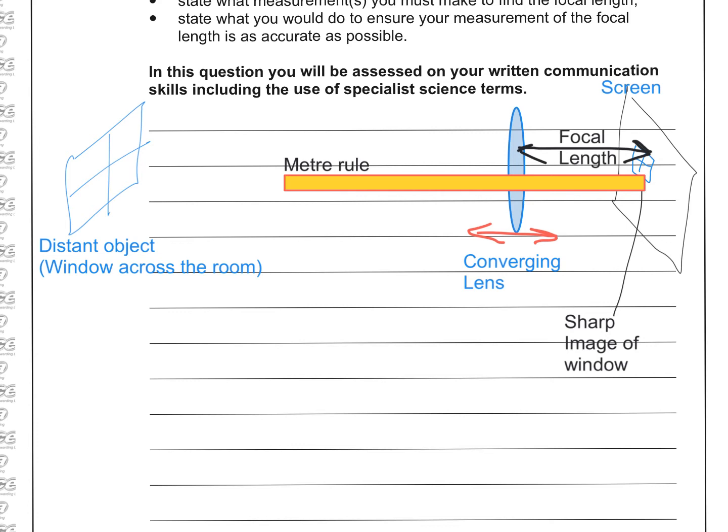And how you would improve the accuracy of that, because that distance is your focal length, is to keep repeating the experiment of trying to get as sharp an image as you can, and that will vary the position of this lens very slightly when you're making adjustments to try and get the sharpest. And then you take a mean of all the values you get for this focal length, and that will give you a more accurate value for the focal length.